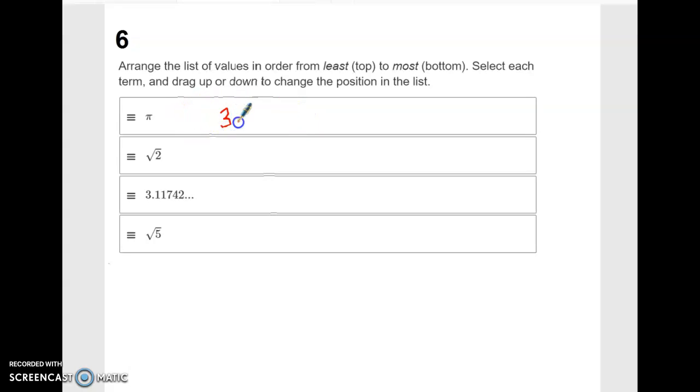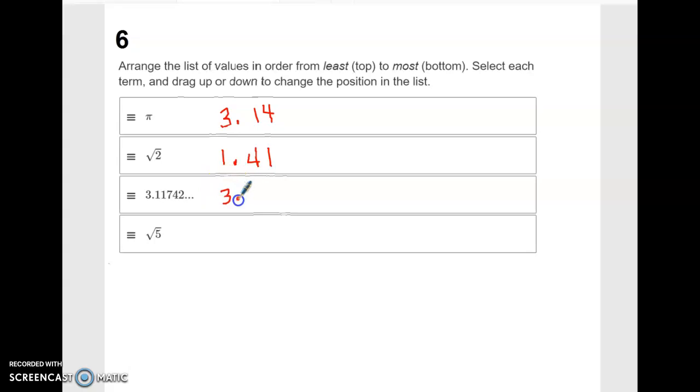So pi is 3.14. The square root of 2, I'm going to put that in a calculator, and I get an irrational number, 1.41421. It goes on and on and on. I'm just going to write 2 decimal places, because I don't think we're really going to need more than that.